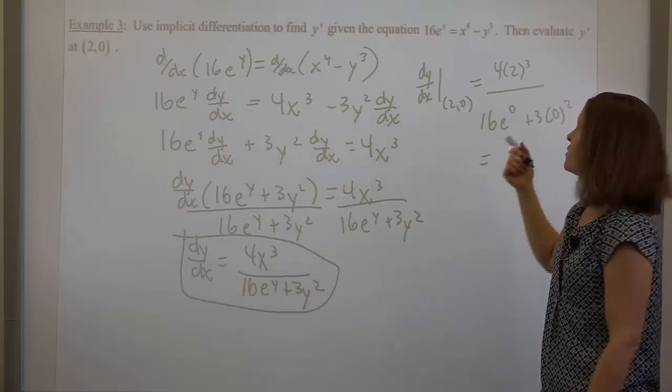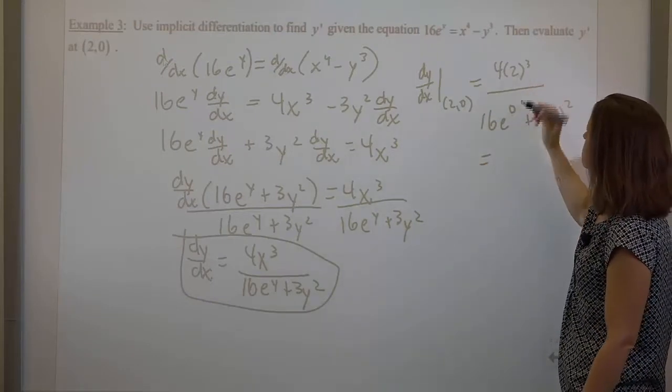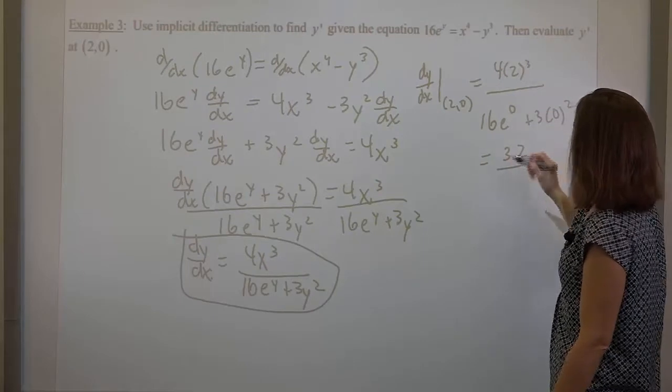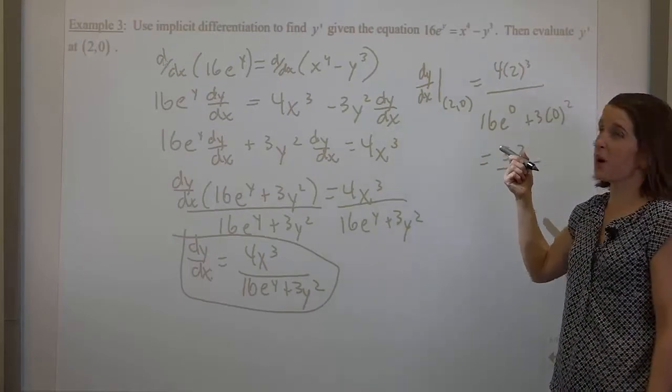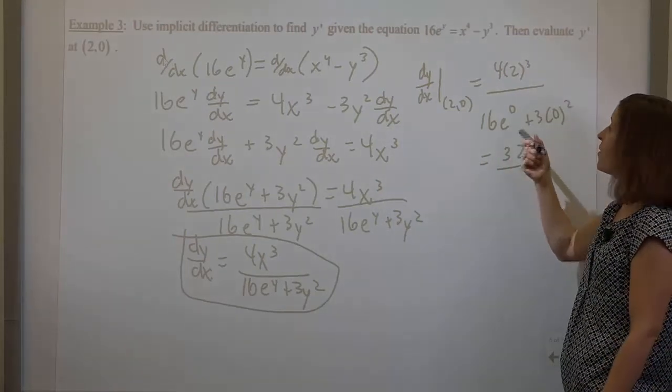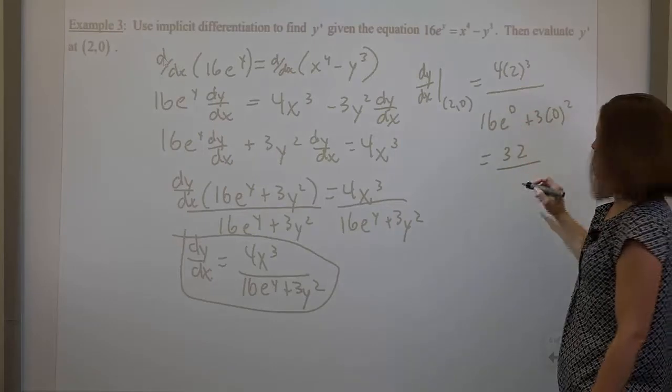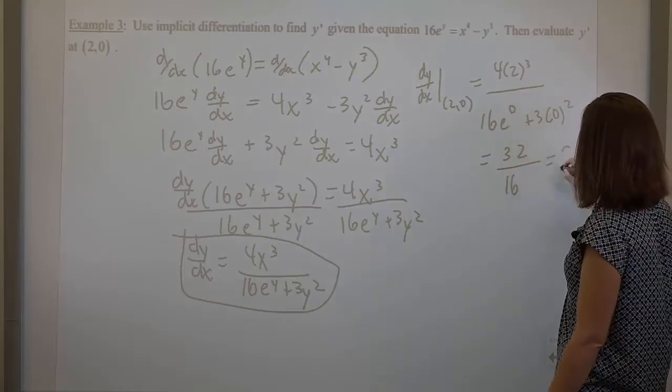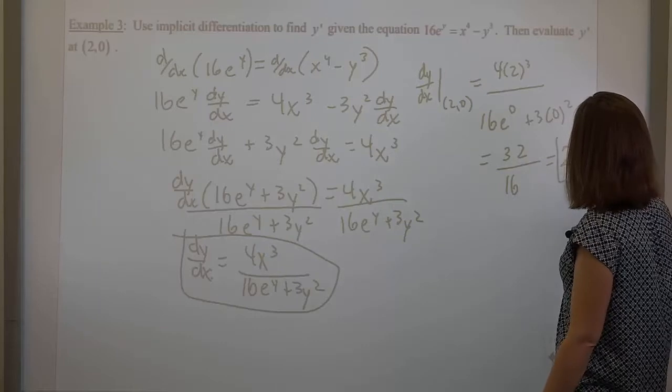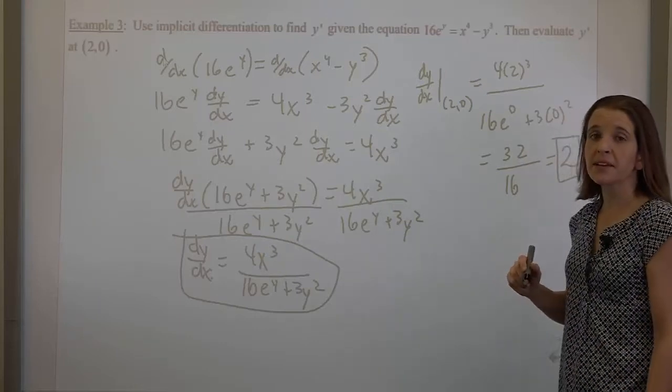And then I just evaluate. Now be careful, e to the 0 is 1. So while the second term here is 0, e to the 0 is 1, and 16 times 1 is 16. So the answer that we get here is 2.